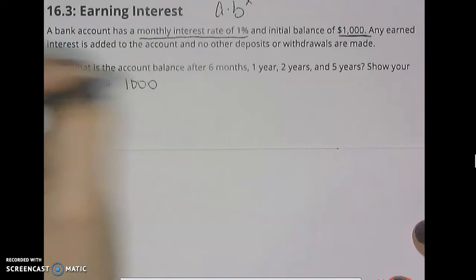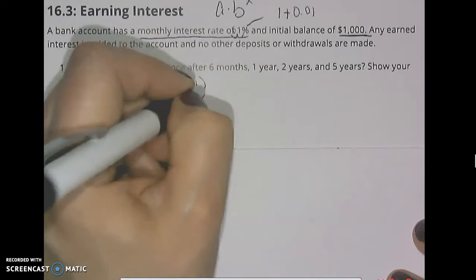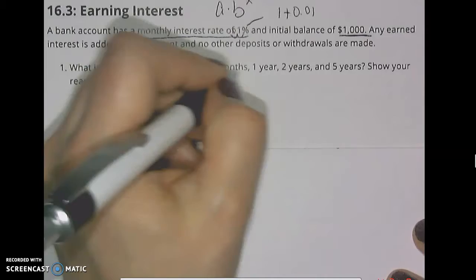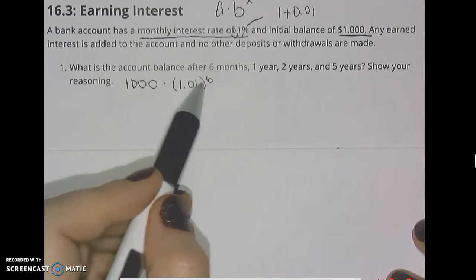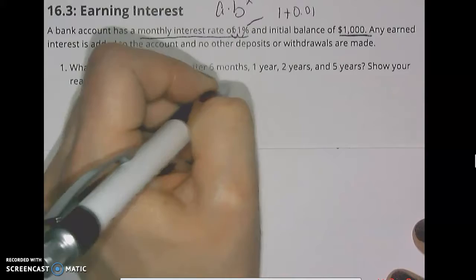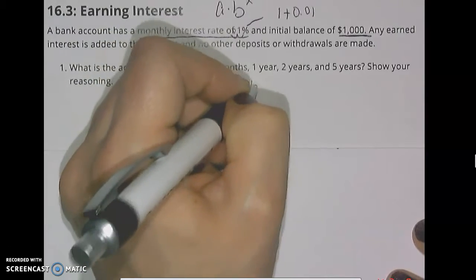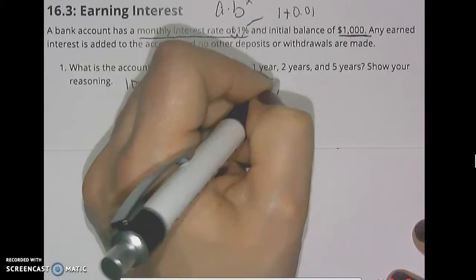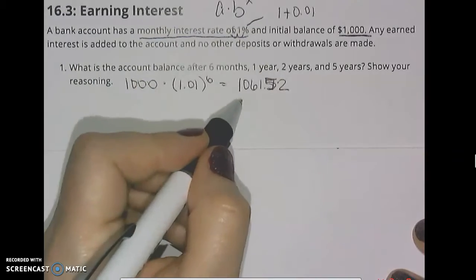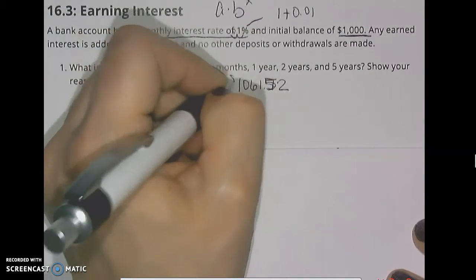That's 1% as a decimal because you would move it over twice and fill in a 0 there. So we're going to multiply it by 1.01 to the 6th power. This is a monthly interest rate, so you need to use months here. When you do that, and rounding to 2 decimal places, we get $1,061.52.